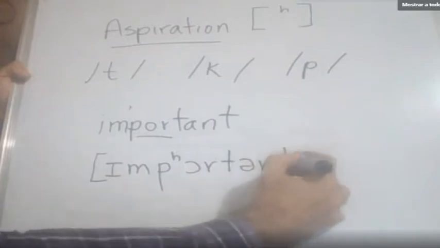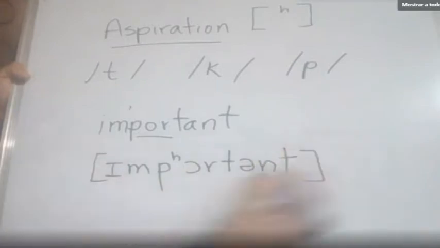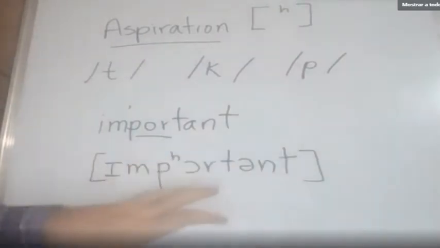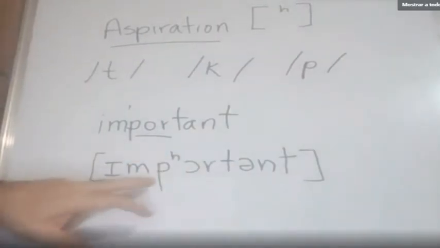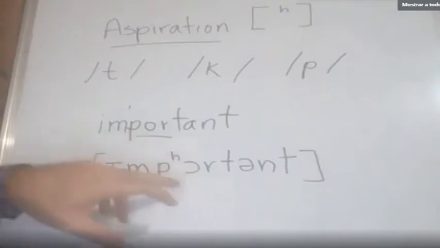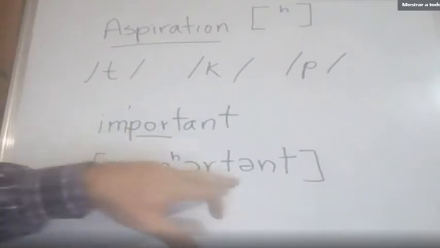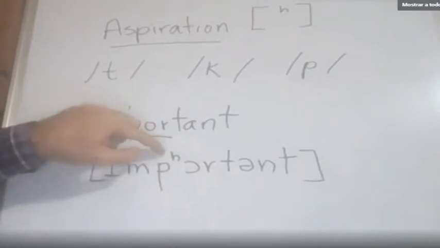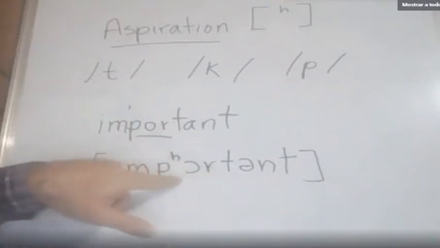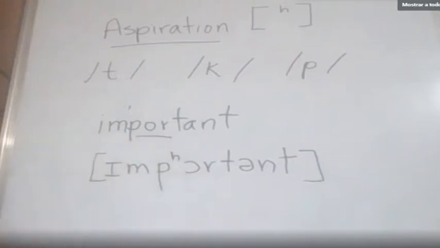I will use the same example later for explaining other things that might happen here, okay? But so far, this is the only thing that we care about at this moment, right? So port comes with aspiration right here, because it is syllable initial, and this syllable is stressed. Okay? So that is the first rule.